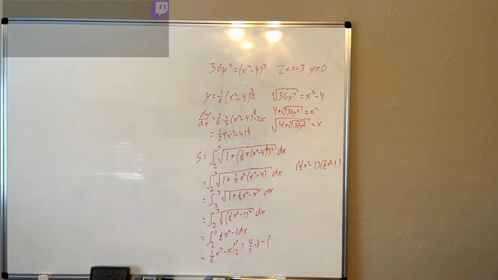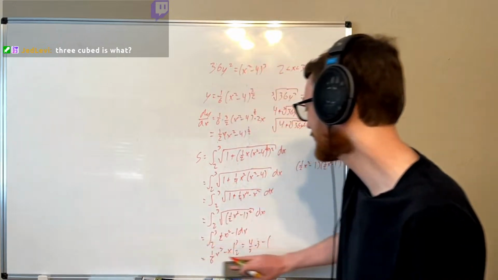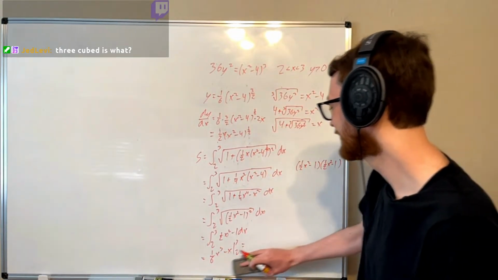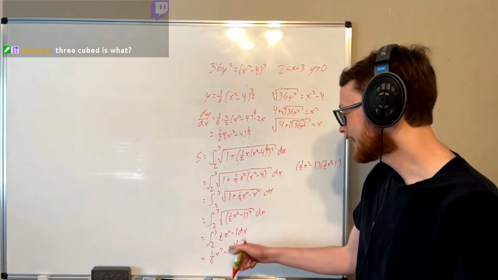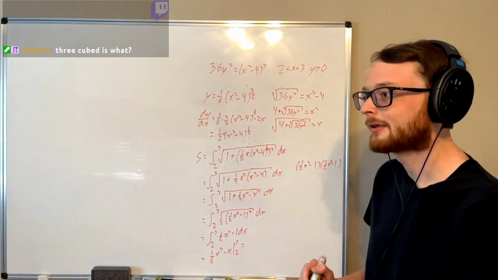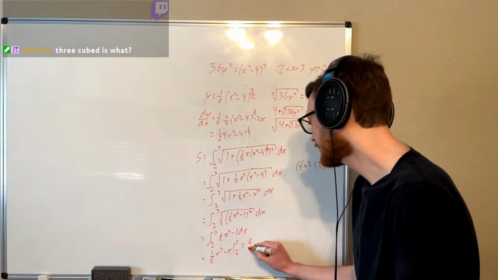Wrong, Jed? Oh, I was doing 2 first for some reason. You're right. 3 cubed is something, but I don't care because I can cancel one of the 3's with a 6. So it's actually 9 over 2. 3 cubed is 27, by the way.